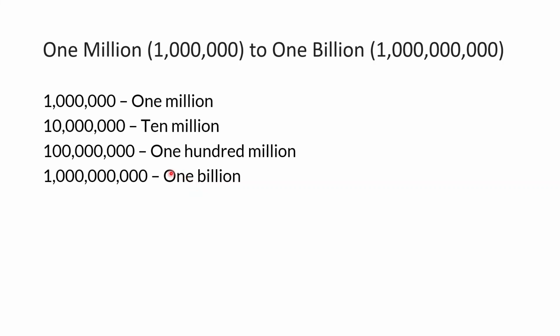So the millions go up all the way to 1,000. So they go from 1 to 1,000 million, which is 1 billion. So we can have anything from 1 million to 999,999,999.